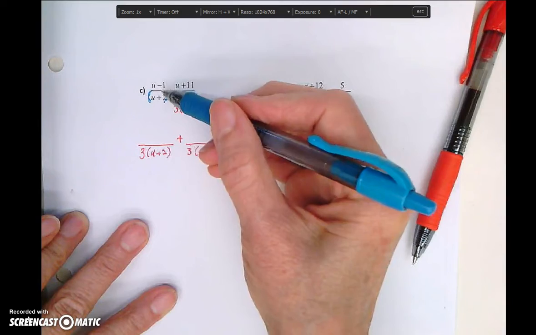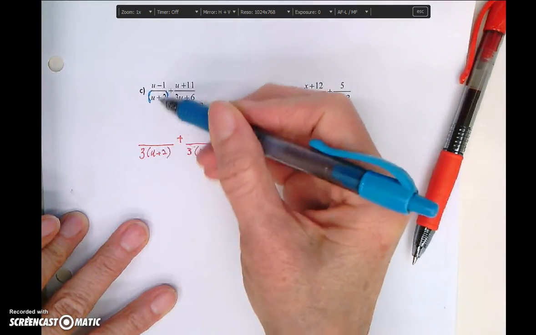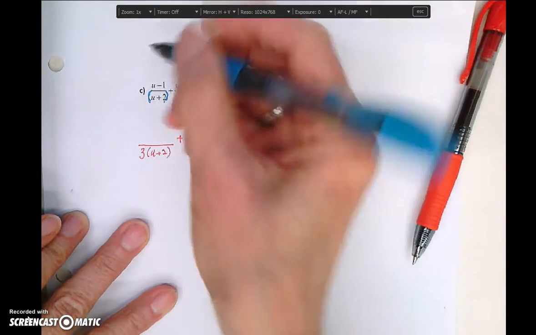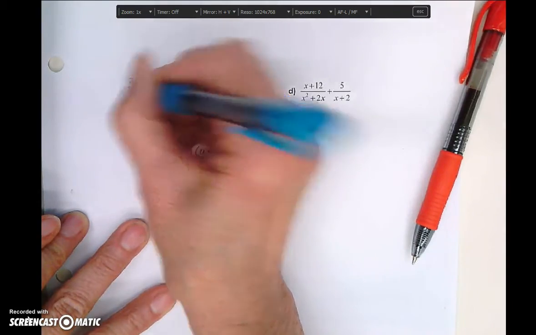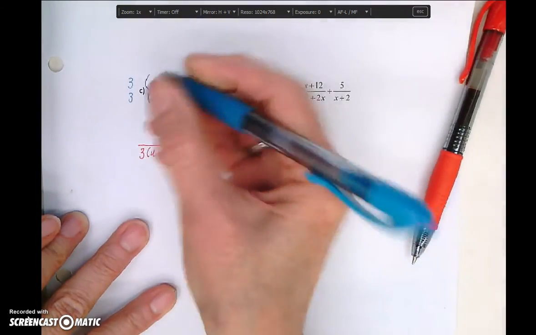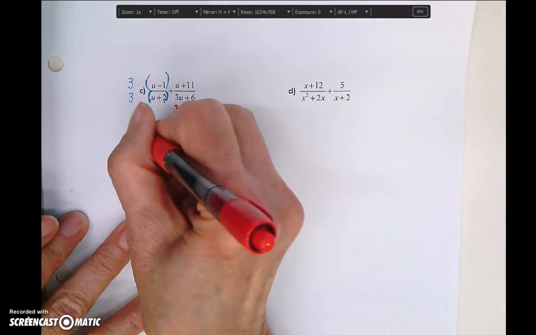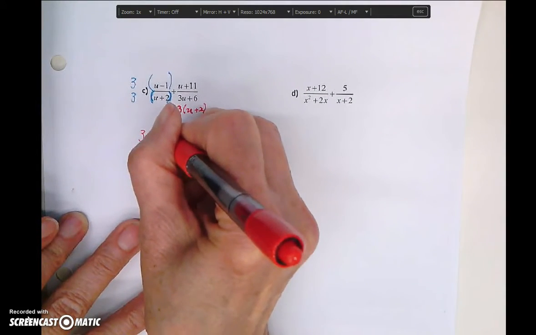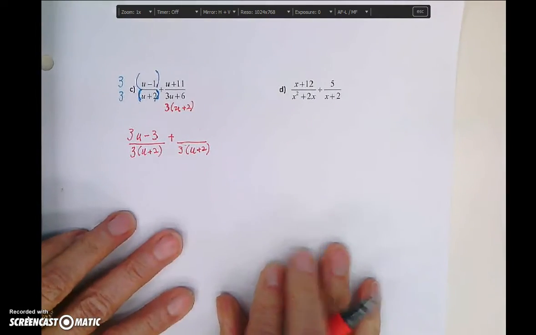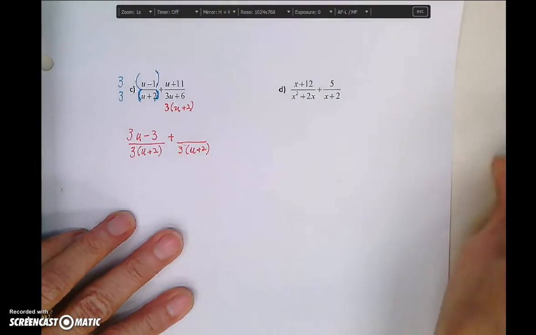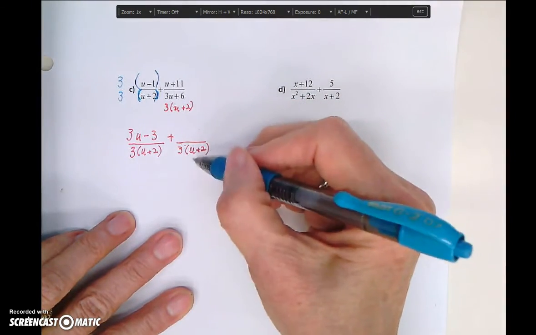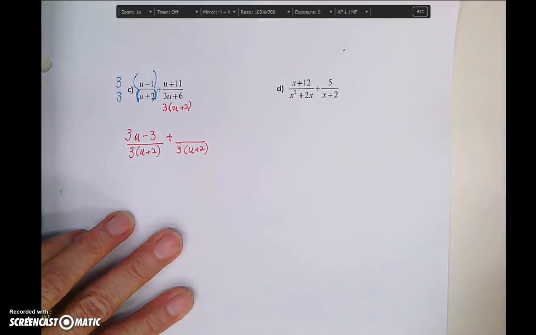This is addition. All right, so then I want to notice how this denominator changed from the original to my new denominator. And you see all that happened was I multiplied by 3. So I'm going to multiply this by 3 over 3, and I'm going to get 3u minus 3 when I distribute. When I look at the second one, I see that nothing changed. So I don't need to multiply by anything.